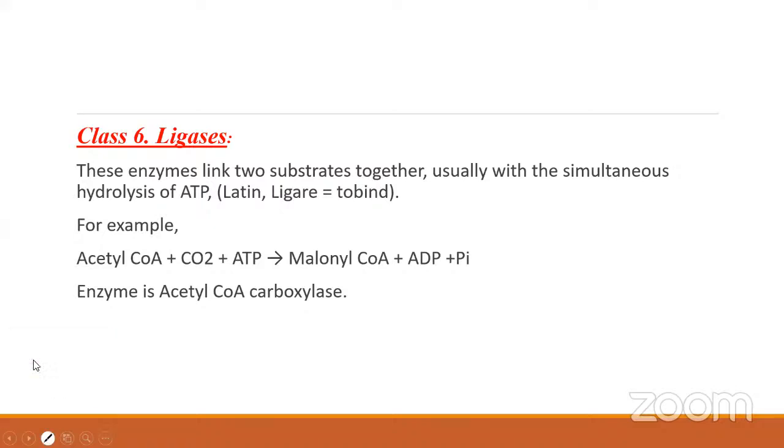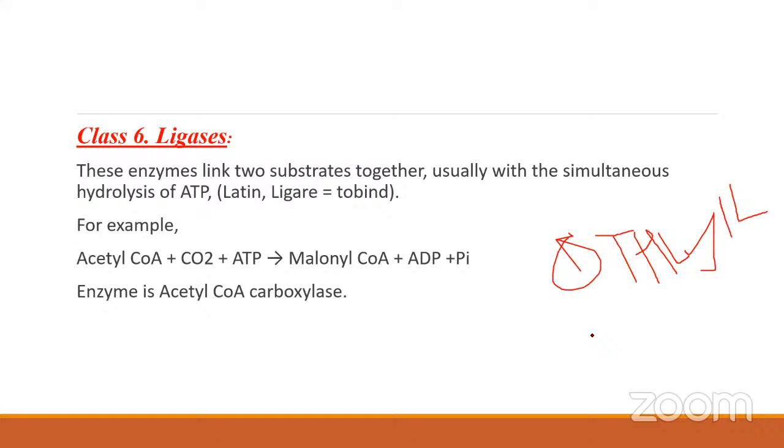Now there is actually a code for you to remember these 6 classes. We used to remember it like this: OTHLIL. You have to write the classes in their order itself, then only you will be given full marks.